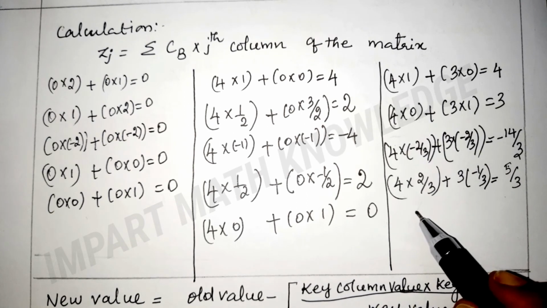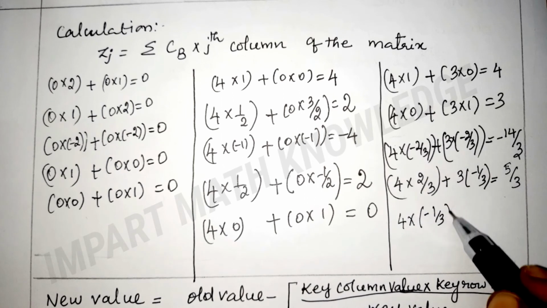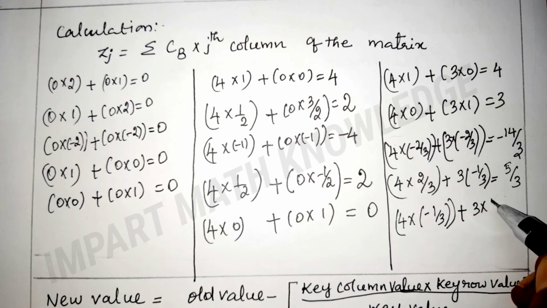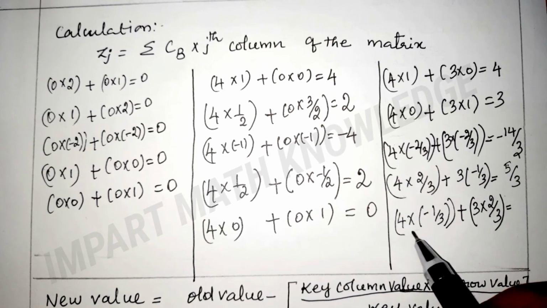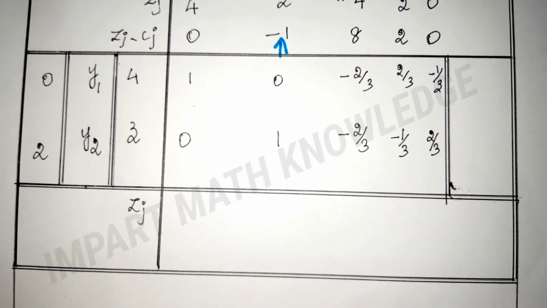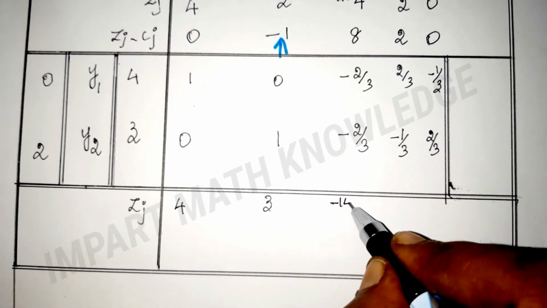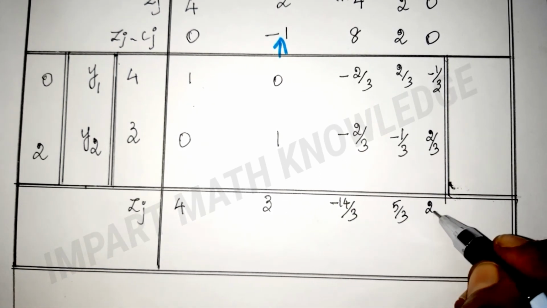Next value, 4 into minus 1 by 3 plus 3 into 2 by 3. So the value is minus 4 by 3 plus 6 by 3 is equal to 2 by 3. Zj values are 4, 3, minus 14 by 3, 5 by 3 and 2 by 3.